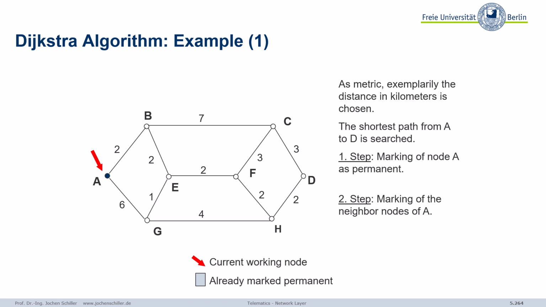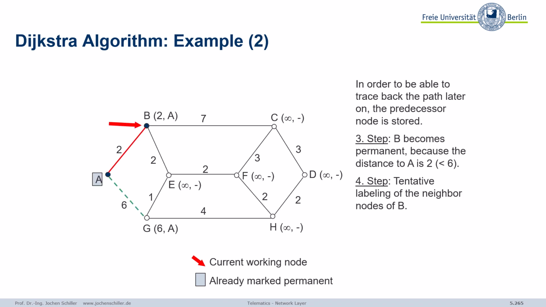So first of all, we mark the node A as permanent. Okay? And then we look, what are the neighbors? And you see clearly B is now only 2 kilometers away compared to G, for example. And all the nodes, when they communicate, they store the predecessor.